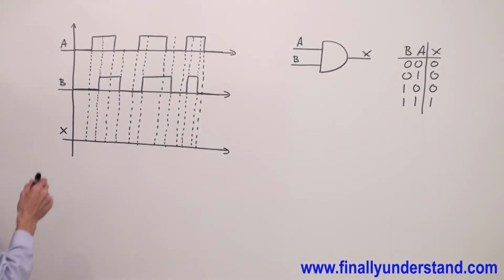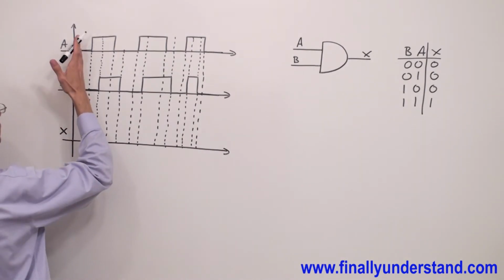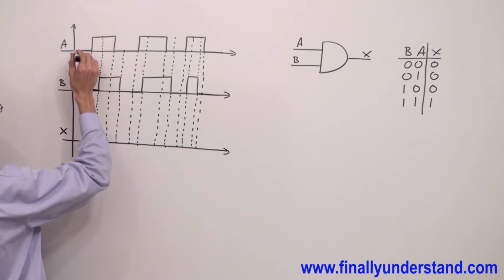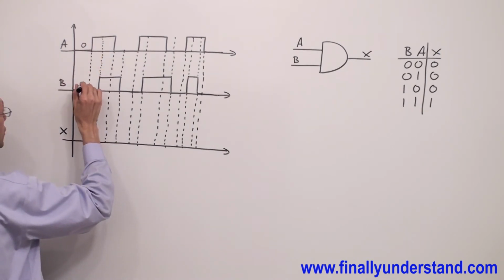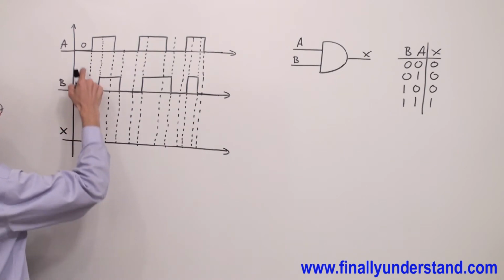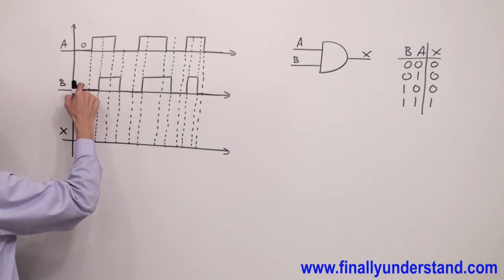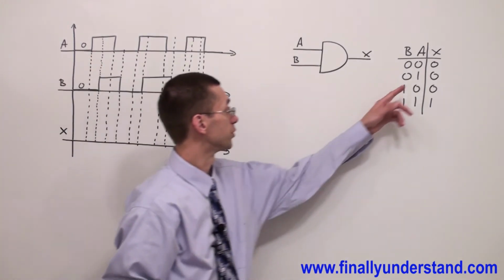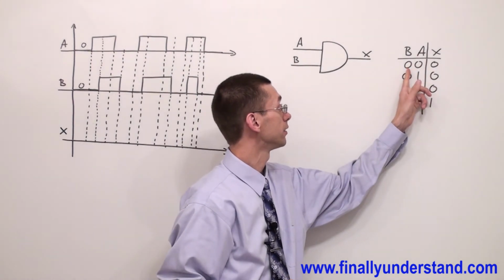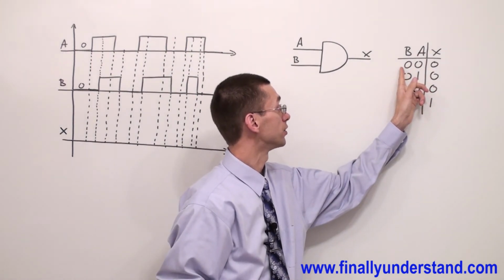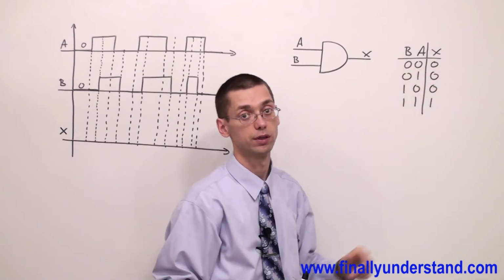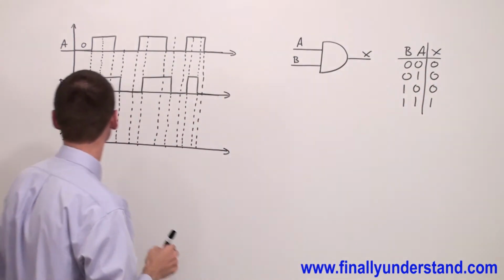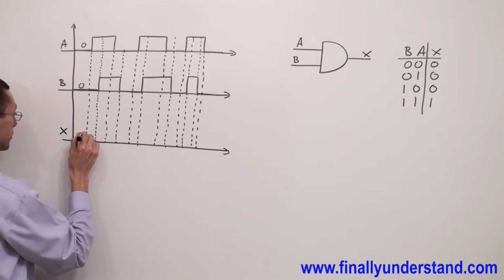Now, please notice that in this column we have 0 and we also have 0. 0 and 0 gives me 0. And it's the multiplication, so I have 0 times 0 gives me 0. That's why I'm going to have 0 in this column.